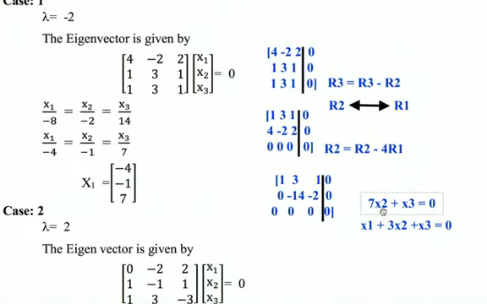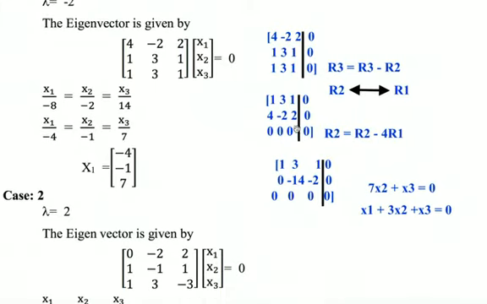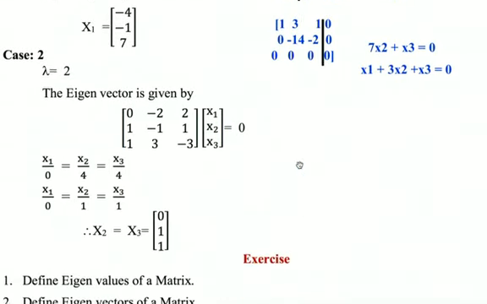I'm just explaining how you got these particular values. Now x1 is minus 3x2 plus minus x3, x3 is 7, so x1 becomes minus 4. So this is what you have to do.